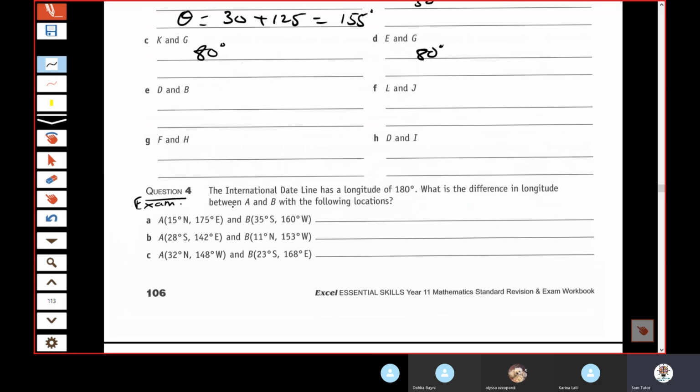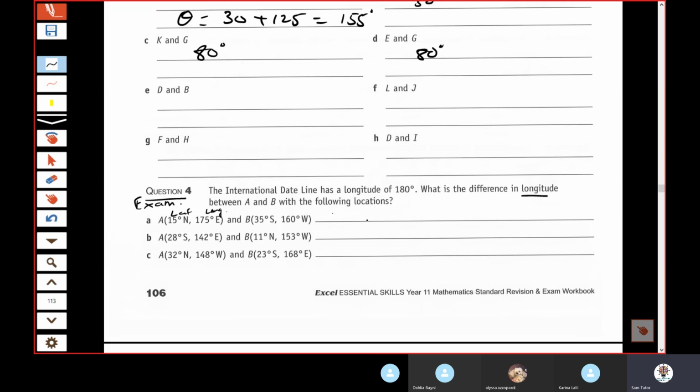What is the difference in longitude between A and B? Okay, longitude. So longitude we know is east and west, not north and south. So this one's lat, this one's long. Okay, so if it's 175 east and 160 west, what is the difference between the two?